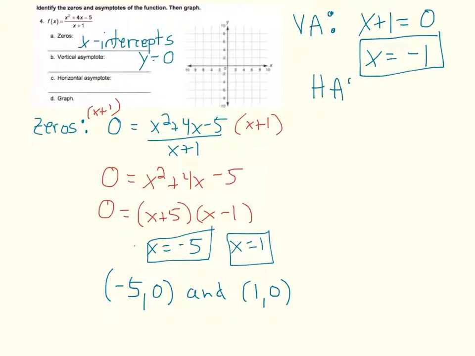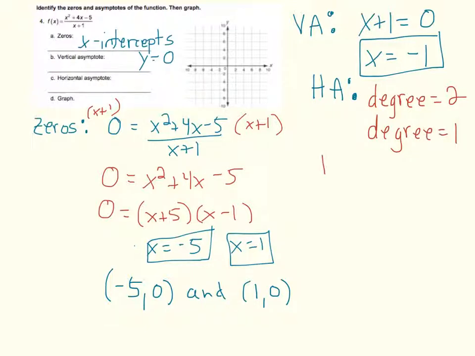Then my horizontal asymptote, I look at the degree of p of x over the degree of q of x. Both of mine are polynomials, so it's written as a rational function, so I don't have to do anything with that. So my degree on top is 2, from x squared. My degree on the bottom is 1.